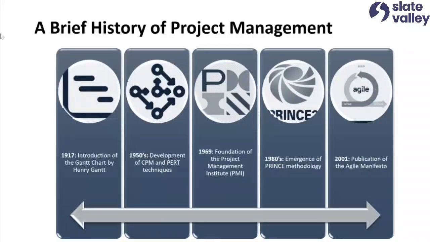The next method is the CPM and PERT techniques. As you can see in the icon, every object is related to each other, right? That's how PERT works. It draws a critical path. A very basic example I'll give you. You want to go from your home to college.